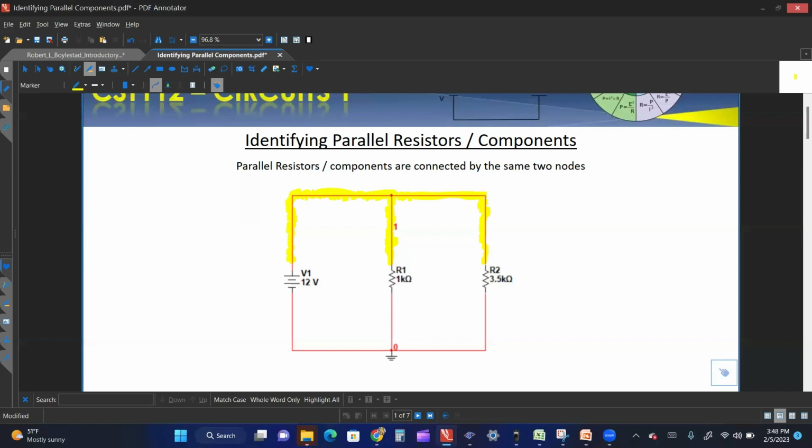Got to this point right here. I can go down because I still don't see a resistor. Then I came back and finished it up on R2. All right, so now this right here is node 1.